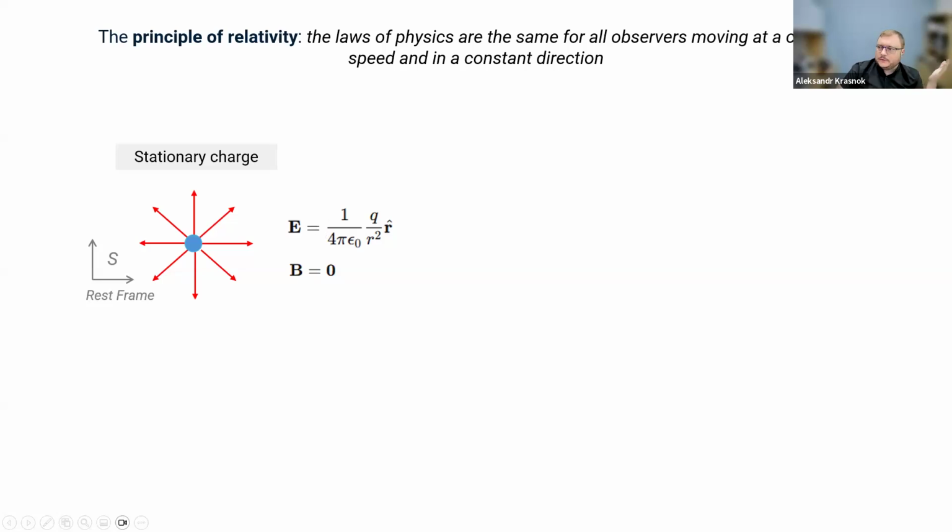We know the electric field for such a charge, it's Coulomb's law, which says the electric field is proportional to the charge value and inversely proportional to the distance squared. So the further from the charge, the lower the field.